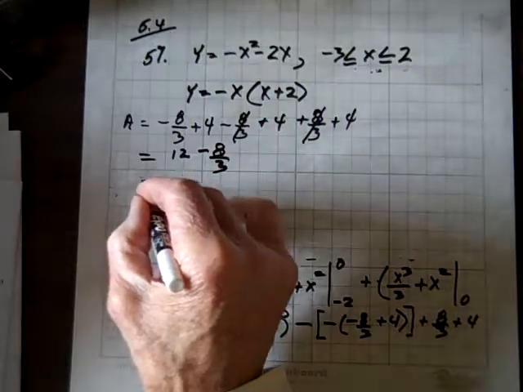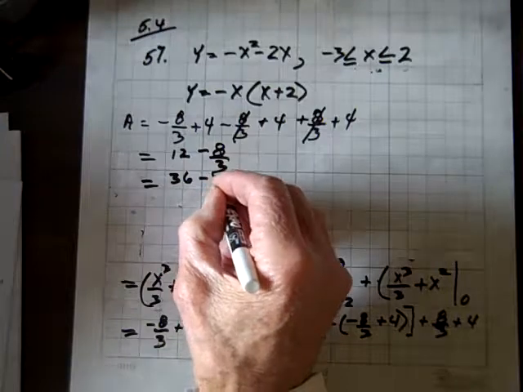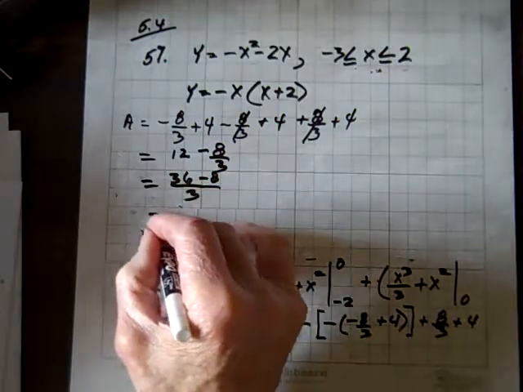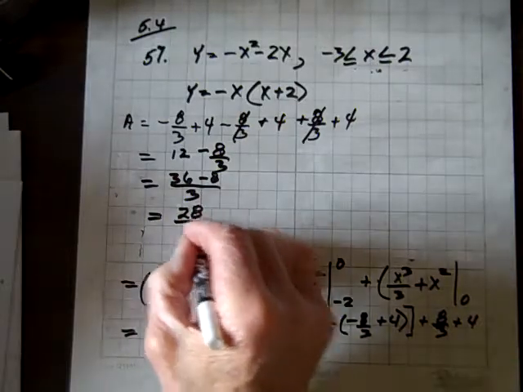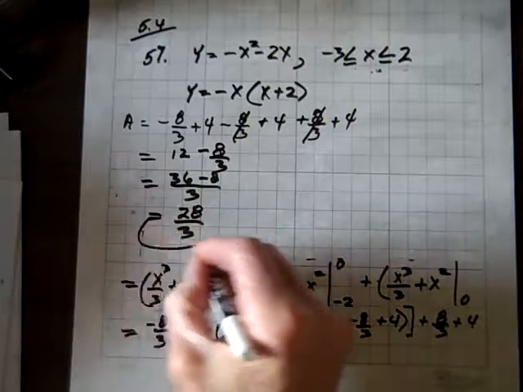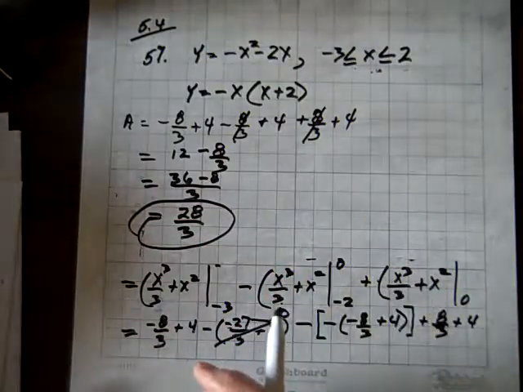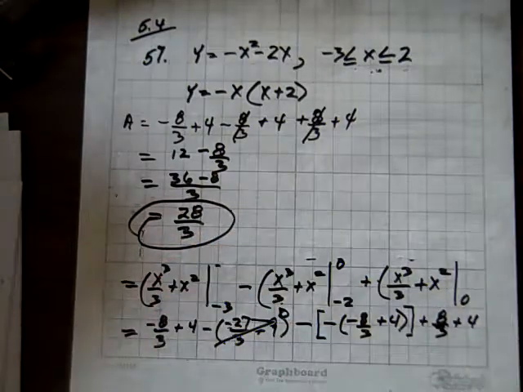So when we get a common denominator, that's going to be 36 minus 8 over 3, and the difference is going to be 28 thirds, and there we've got it. That's the total area of the region contained between the curve and the x-axis, 3 areas.